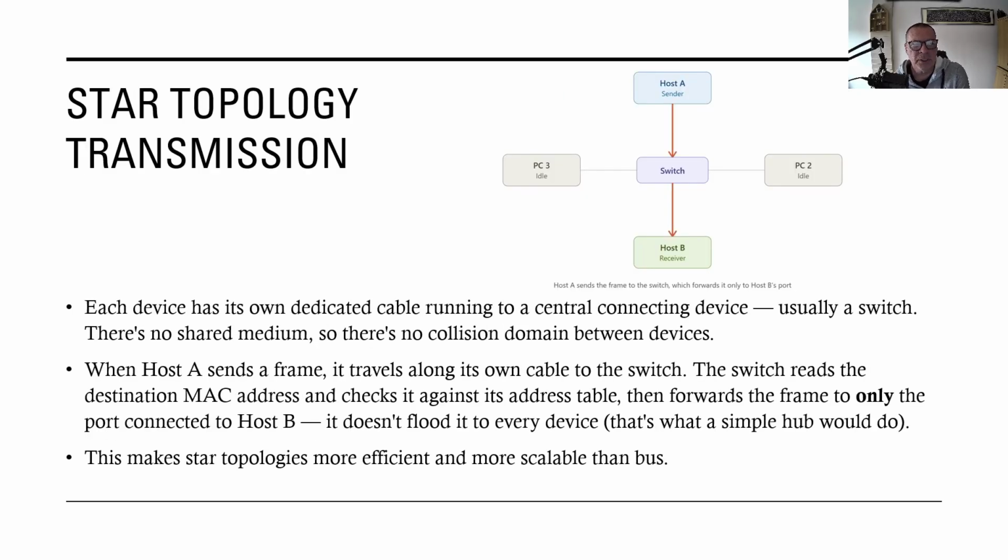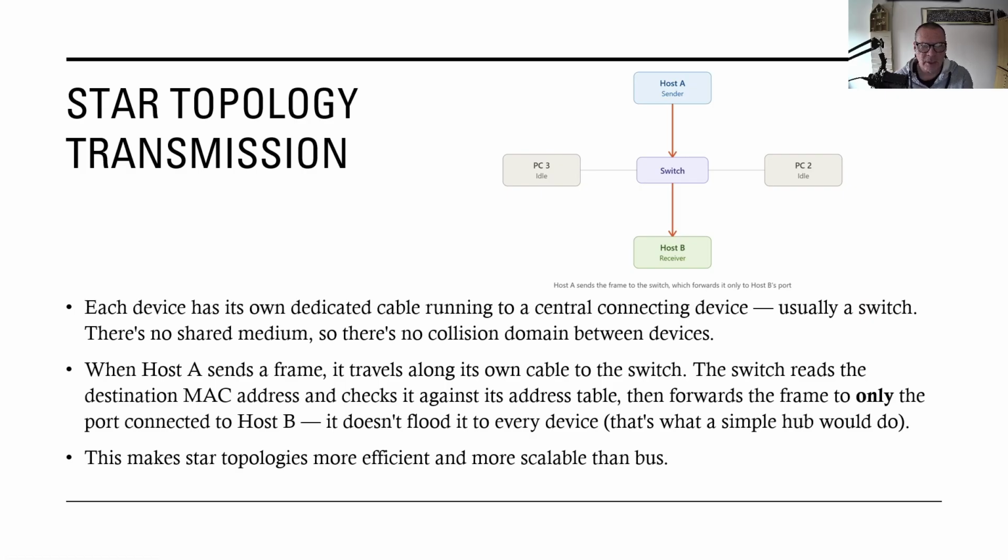In the star topology, because we have dedicated connections, packets can be sent directly from one device to the other device via the switch. So the packet itself can only go to the one that it needs to go to. The switch will work out where to forward the packet to using a table.